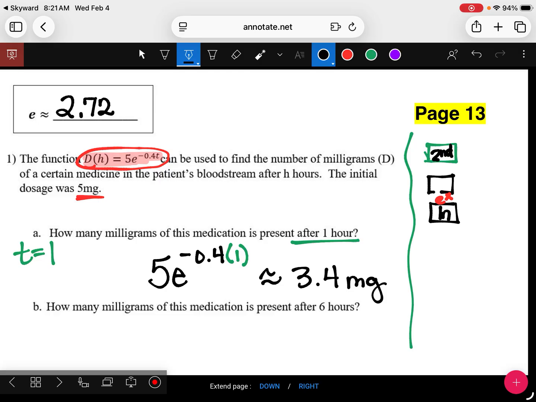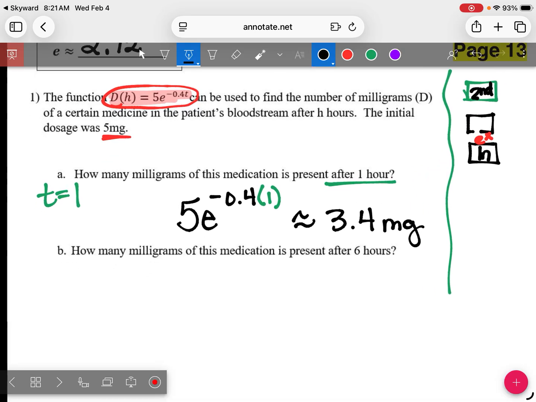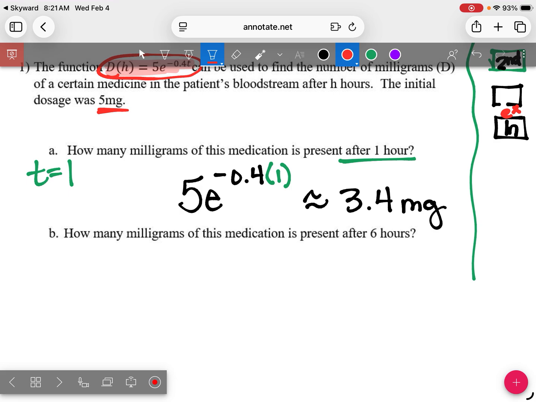All right, now we're going to use that same formula again to figure out how many milligrams will be in your bloodstream after 6 hours. So now T is 6. 5e negative 0.4 times 6.